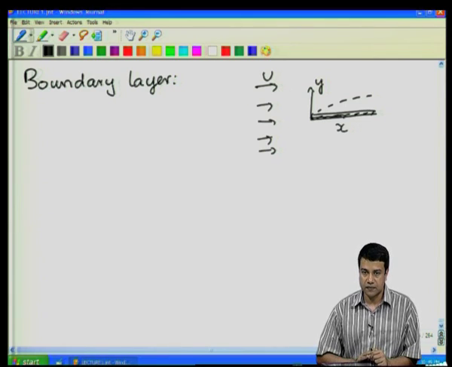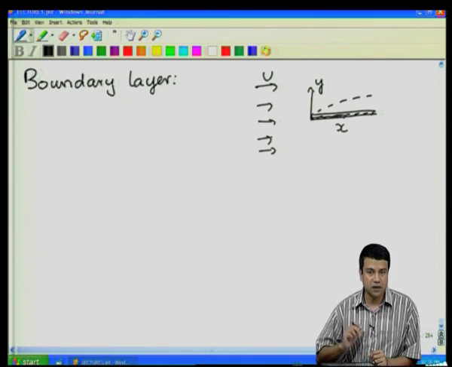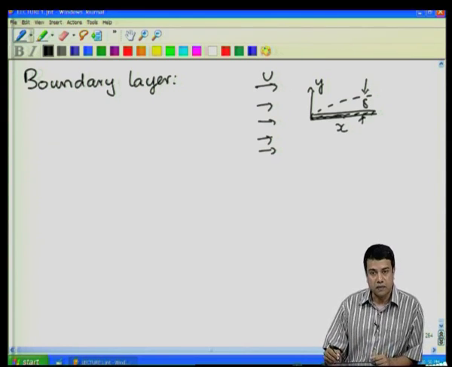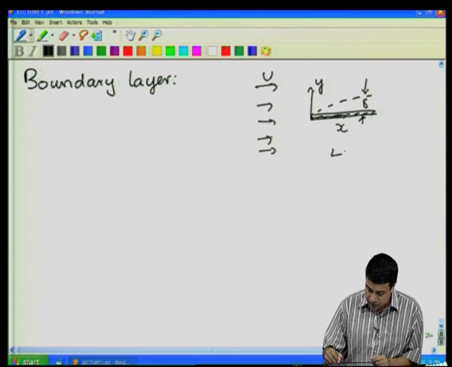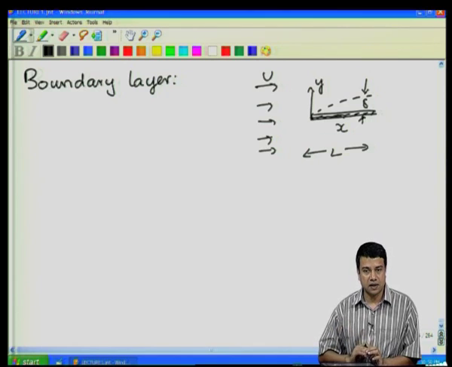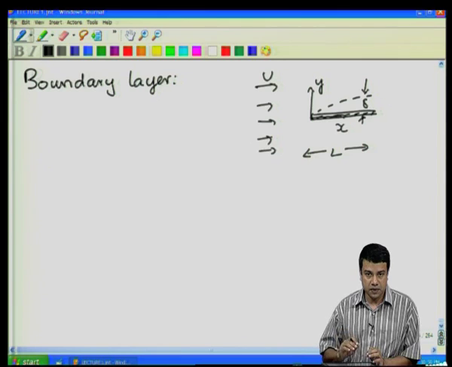And for that reason you have to incorporate the viscous effects within a boundary layer of thickness delta, which is small compared to the length scale of the flow. This thickness delta is dictated by the flow itself, because the only way that the velocity will come to 0 at the surface is if there is shear stress at the surface.